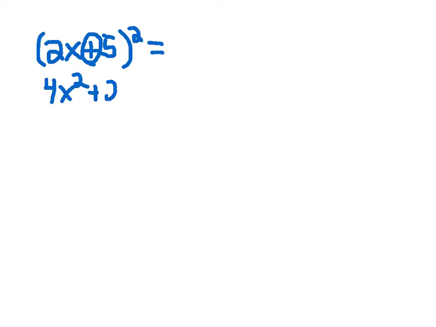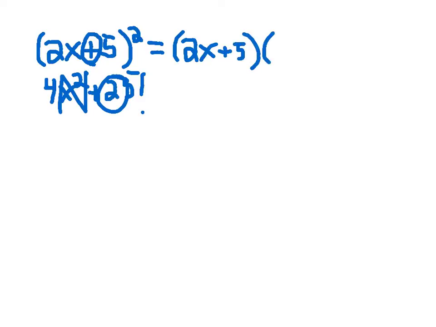Let's say 2x plus 5 squared. Well, we know now that since there's a plus here, in order to expand it, I cannot call it 4x squared plus 25. No! Instead, I need to expand it. 2x plus 5 times 2x plus 5.